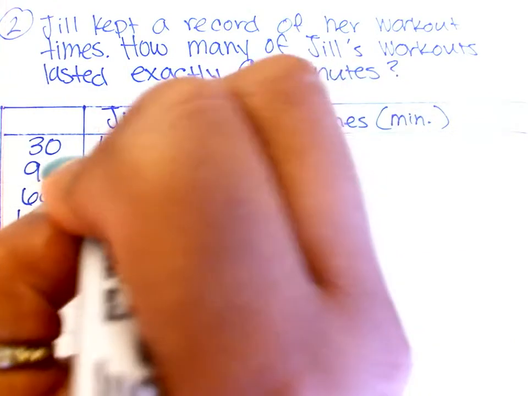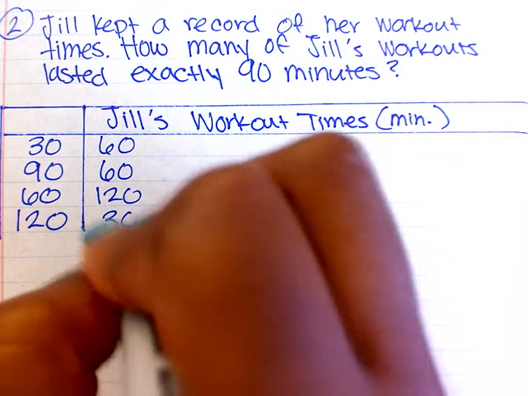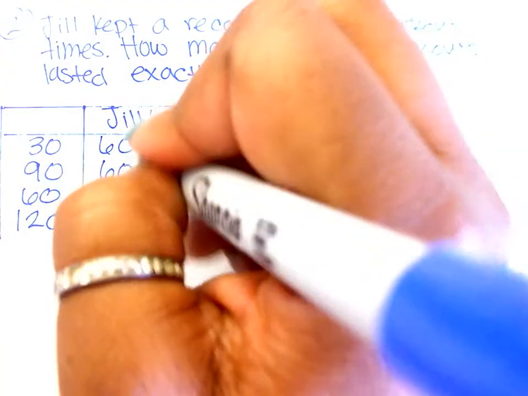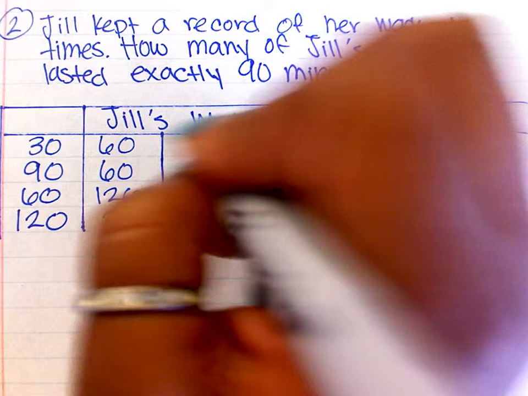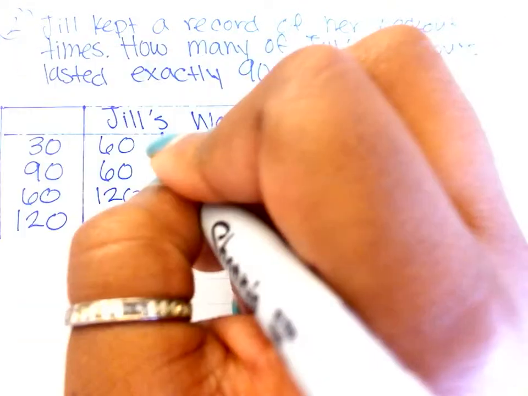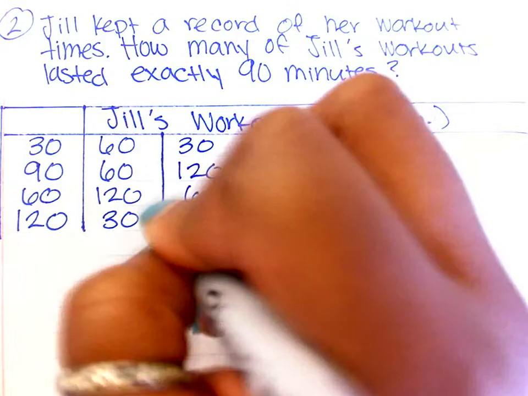Our next column of numbers is going to be 60, 60 again, 120, and 30. Next column, 30, 120, 60, and another 120.